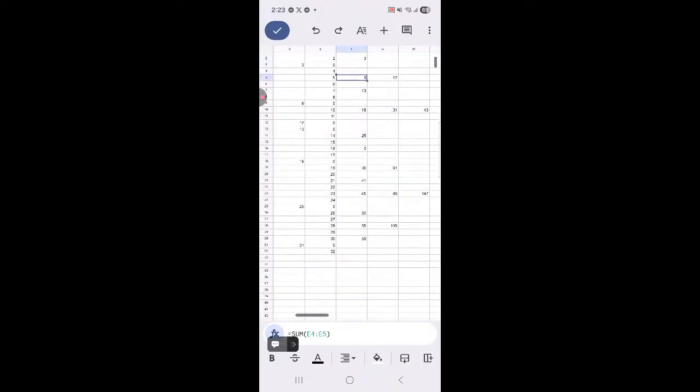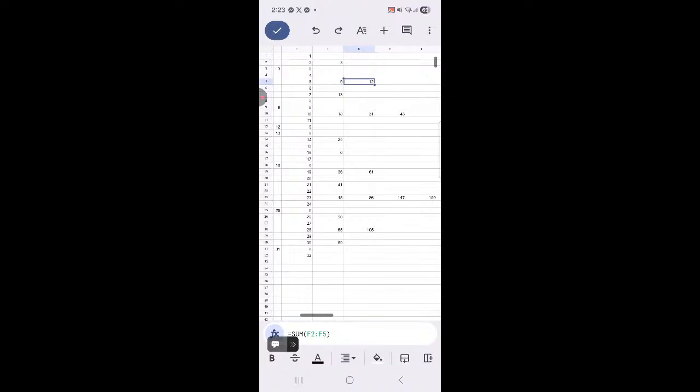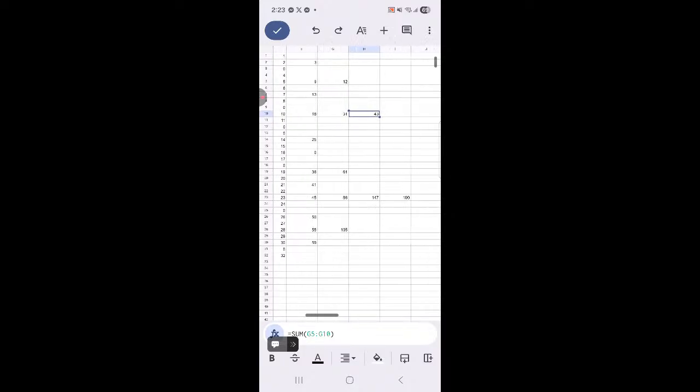So 3 and 9 need to be used to make 12, and 12 and 31 have to be checked off and understood, and they're the first numbers on the third level to make 43, which is the first number on the fourth level.